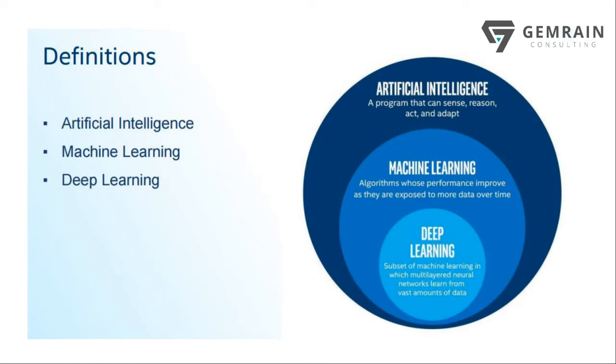Let us understand. We hear these terms: artificial intelligence, machine learning, deep learning. We will understand what these are. Basically, artificial intelligence means a program. For example, a robot is a classic example of artificial intelligence, where the robot will see by cameras. Then the robot will have sensors to sense gas, sound, touch.